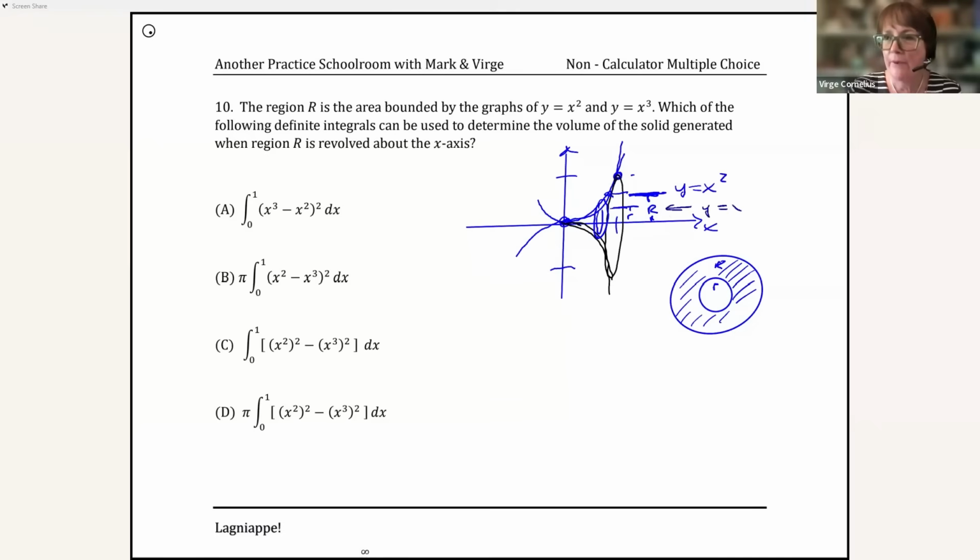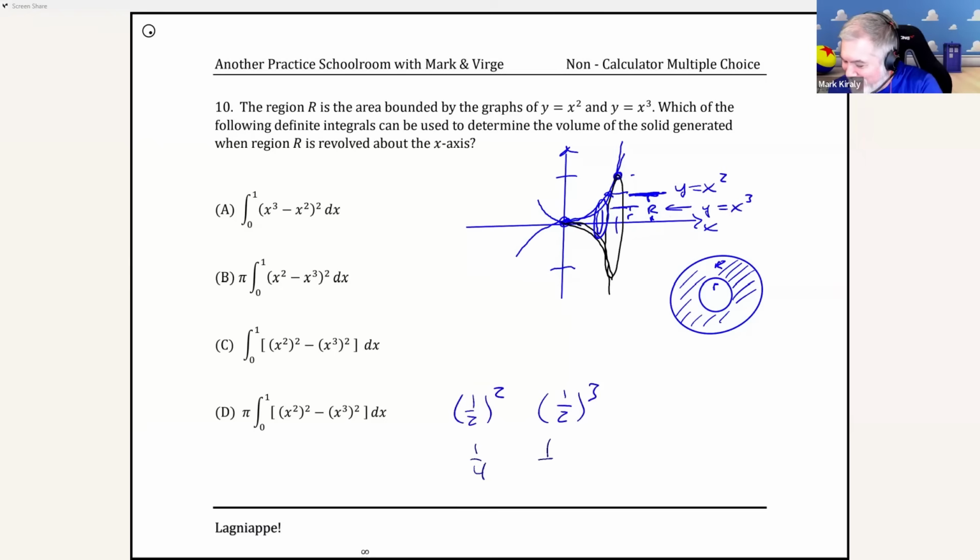But I never remember that myself, so I always plug in a half. It's multiple choice, and we need to know which one's on top for the outer radius. So the quadratic's on top for the outer radius.